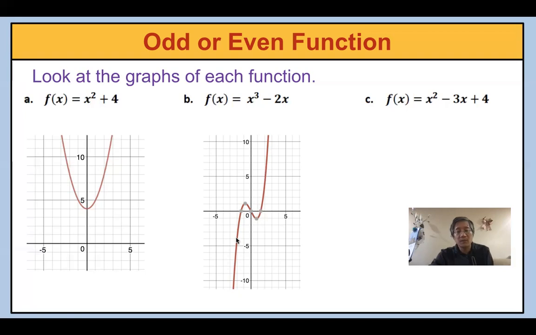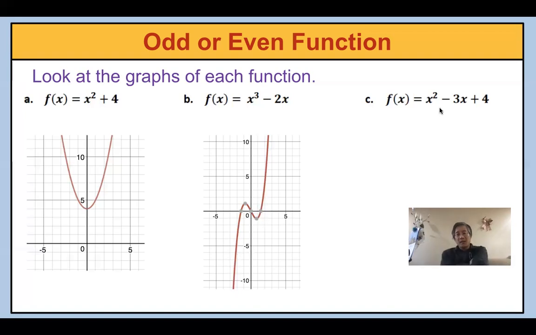So this is symmetry about the origin. Then we can say this is what function? Odd function. If you look at the original function, look at the exponents, they're all odd numbers. Easy, right? So we can say this is an odd function.